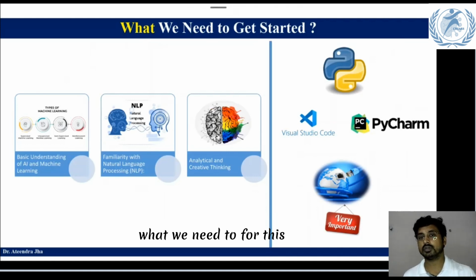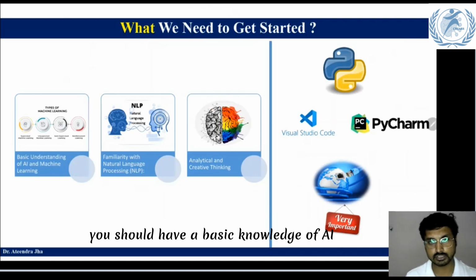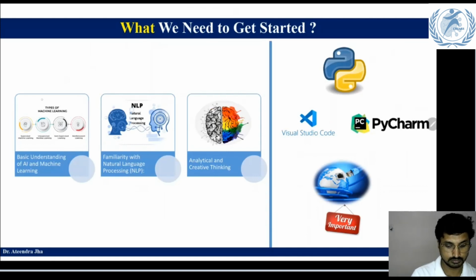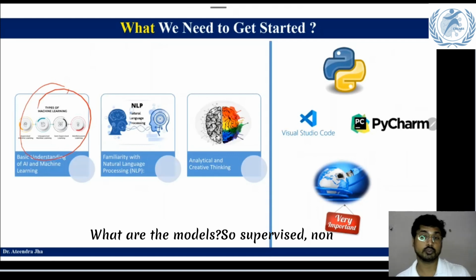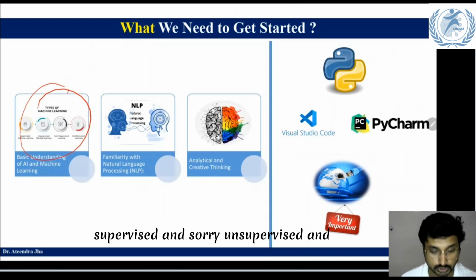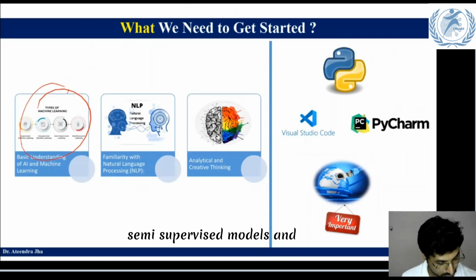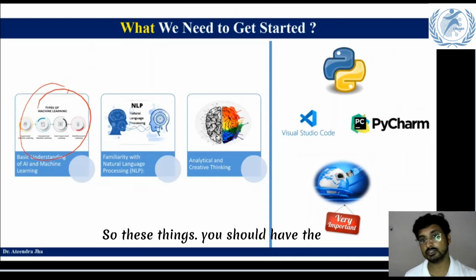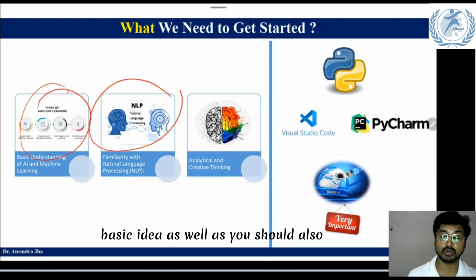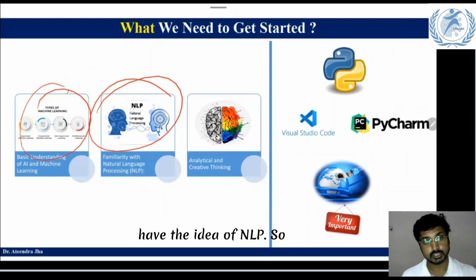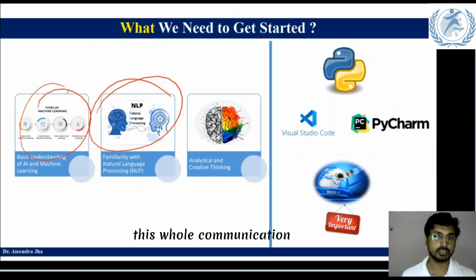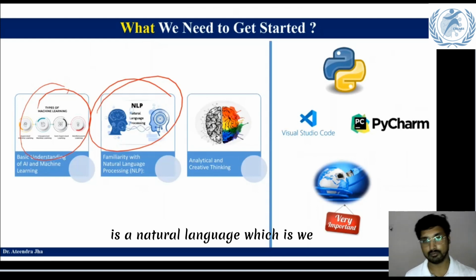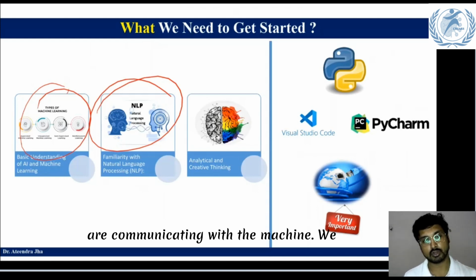Now what we need for this: you should have a basic knowledge of AI and ML. What are the models? So supervised, unsupervised and semi-supervised models, and reinforcement learning, what actually it is. So you should have a basic idea of these things, as well as an idea of NLP. NLP idea is really required because in a way this whole communication is in natural language, which we are using to communicate with the machine.